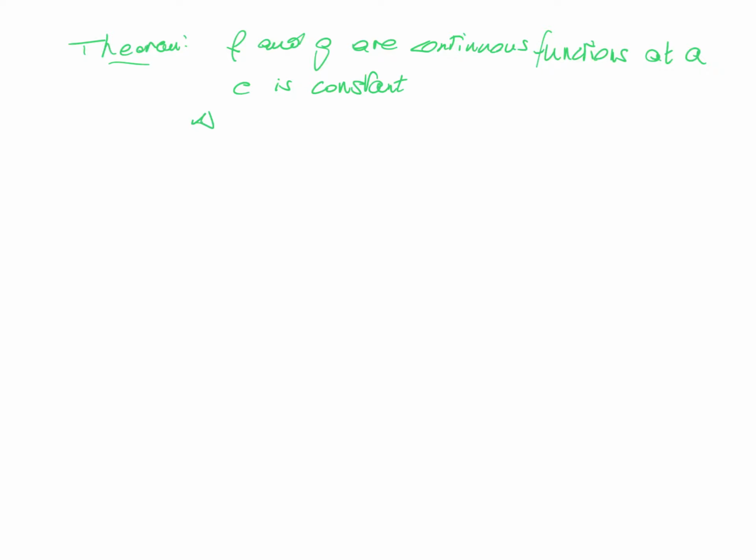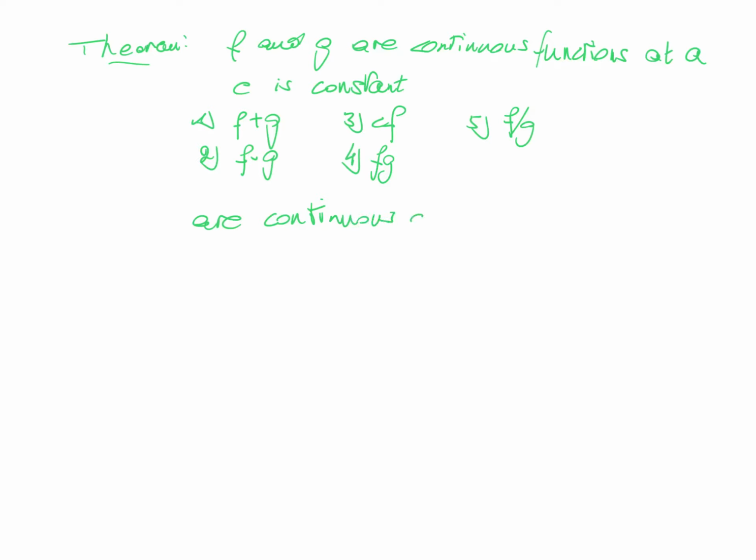In that case, f plus g, f minus g, c times f, f times g, and also f divided by g are continuous at the point a. Of course, for the division, you cannot have that g of a is 0 because you cannot divide by 0.